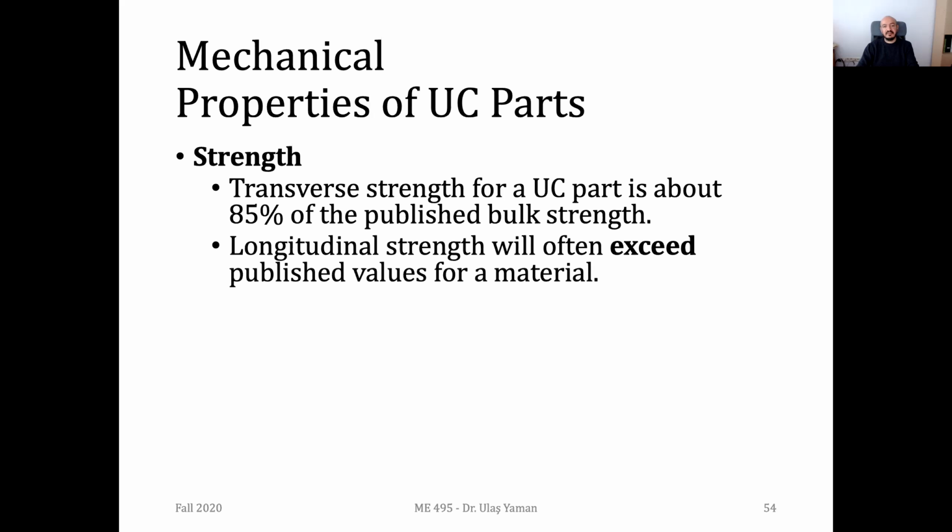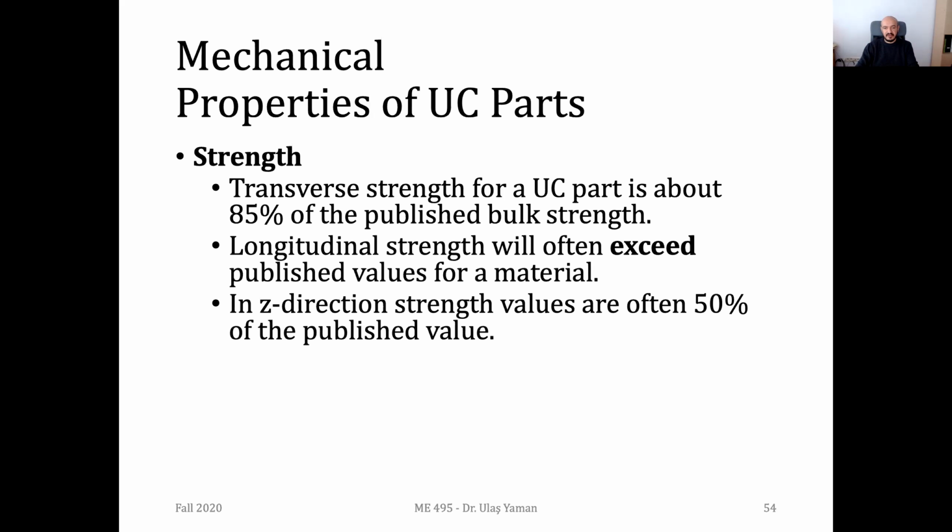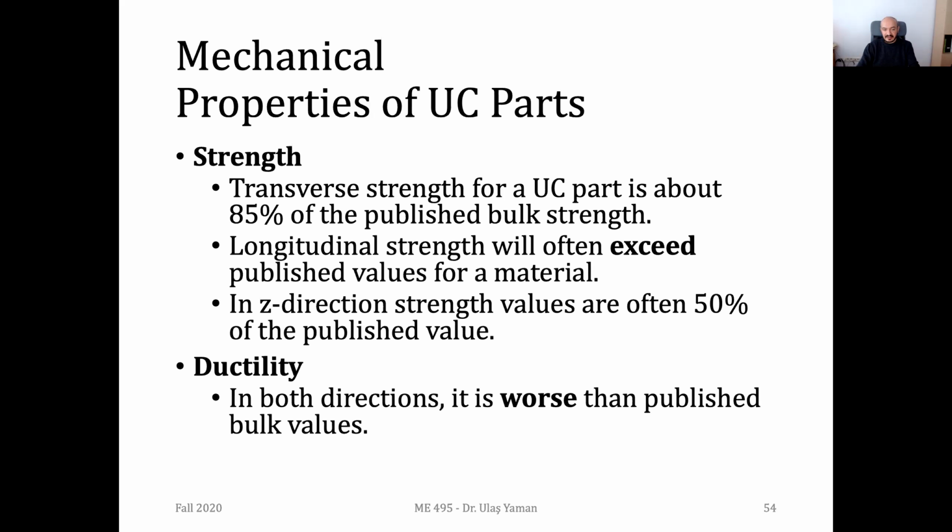But sometimes your strength in the X-axis, or in the longitudinal direction, might be a bit higher than the strength of the original material. But as we discussed, in the Z direction, we don't have much strength. It's usually around 50% of the strength of the initial material. So what about ductility?